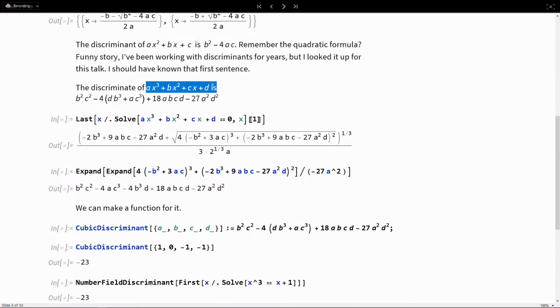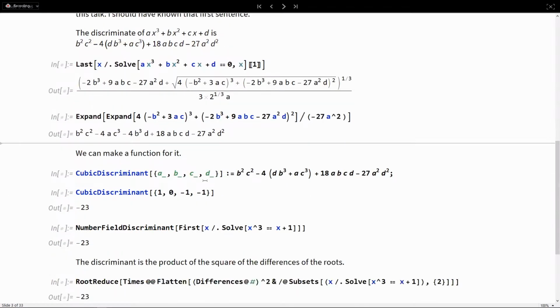The discriminant of the cubic is this thing, and you can kind of get that from looking at the solution for the general cubic. If you do this operation on this part of the cubic, you get back this item here, which is what the discriminant is for a cubic. And we can make a function out of it, like so.